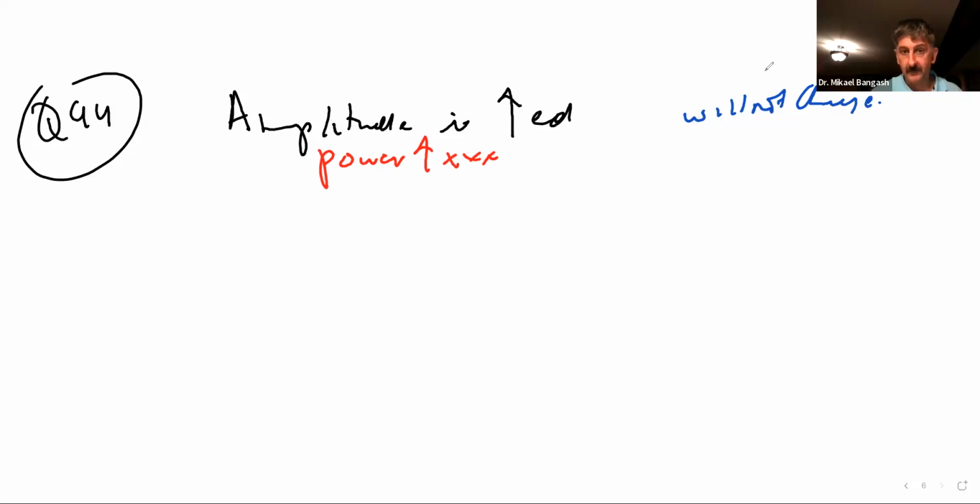Now, when they say frequency, you can increase the amplitude as much as you want to. The frequency will not change. Okay, girls? Because frequency and amplitude are not related.